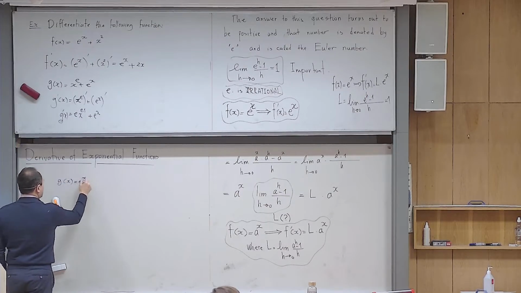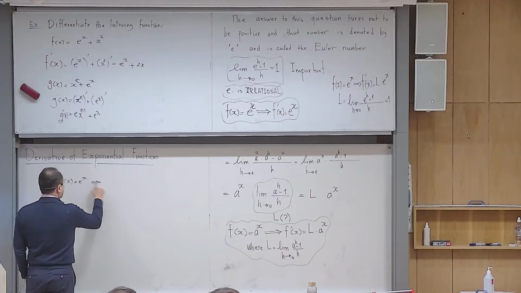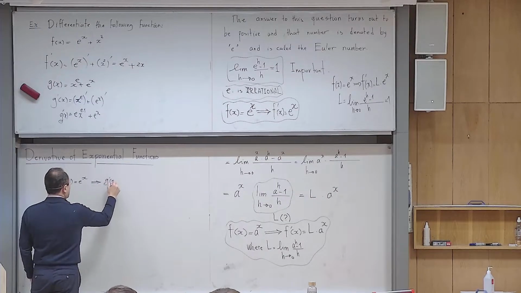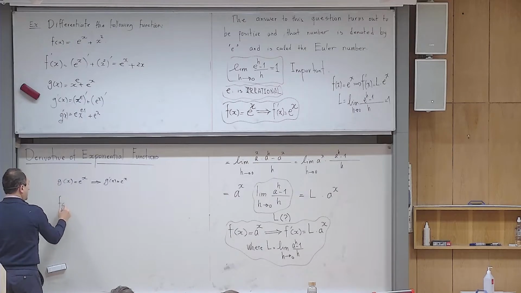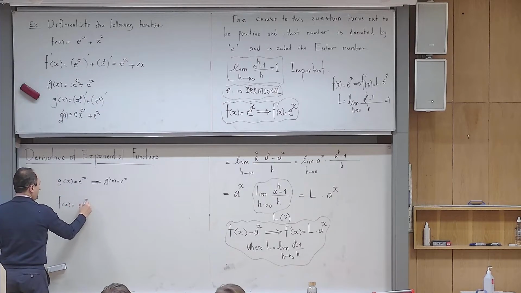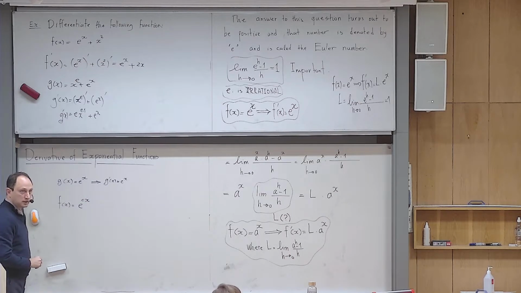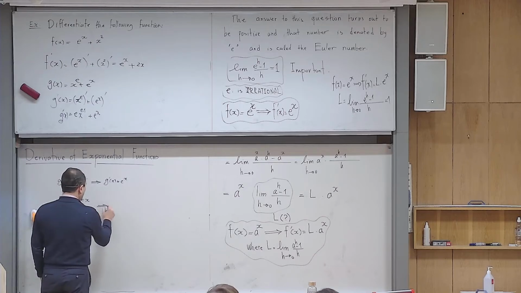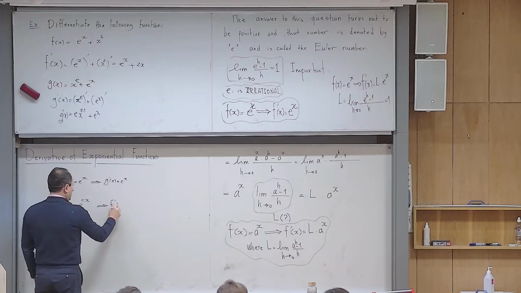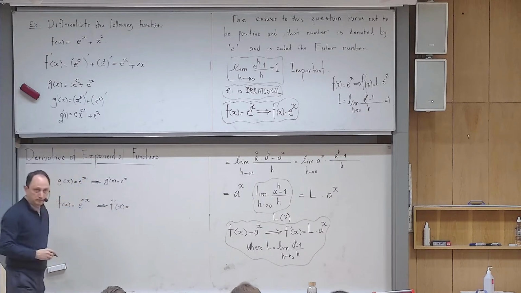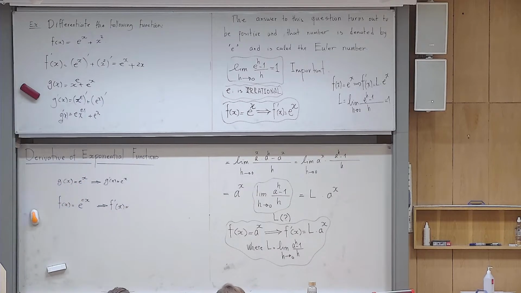If g(x) is e to the power x, then g'(x) is e to the power x. My question for you is this. If f(x) is equal to e to the power cx, not just x, multiplied by a constant, what will the effect of this change be in the derivative? We want to answer this question. It is not that easy that you can guess.